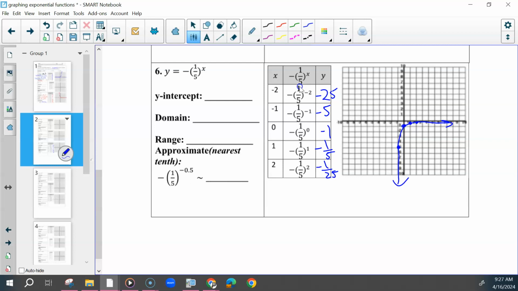So I can see that it flipped again, but now it's underneath the x-axis, yes. What would the y-intercept be? Daniel, what would this y-intercept be? 0, -1. What would the domain of this be?